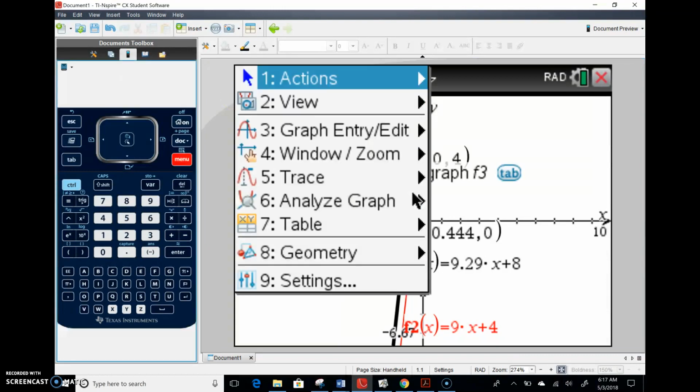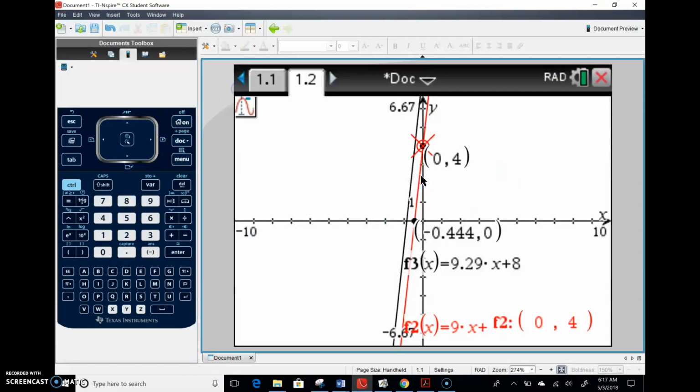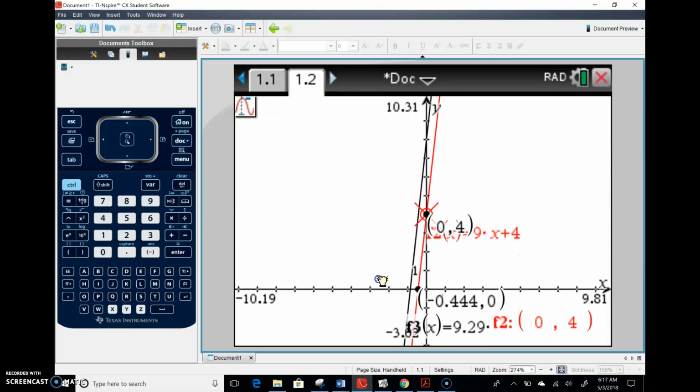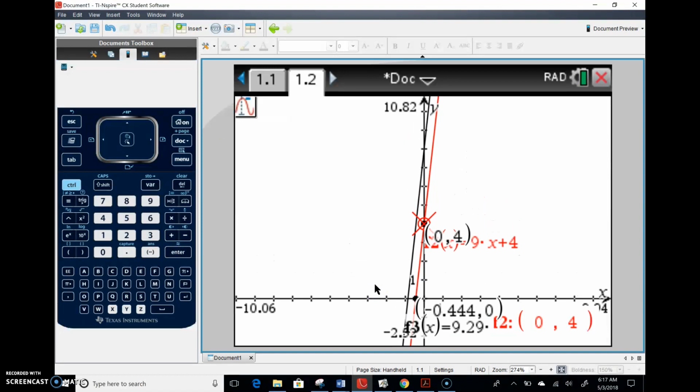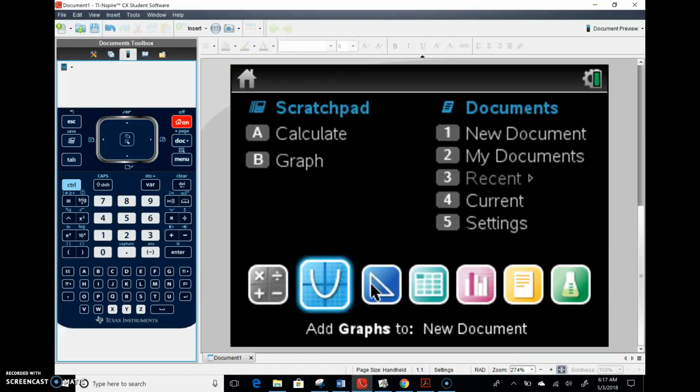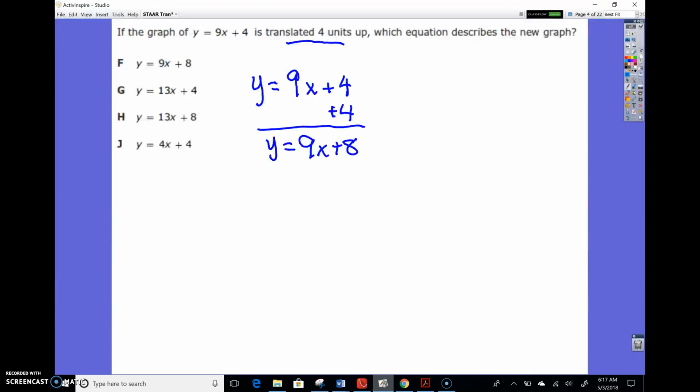Menu, trace, graph trace. And I move it up, 1, 2, 3, 4. You see how it moved up 4? Moving on to the next problem.